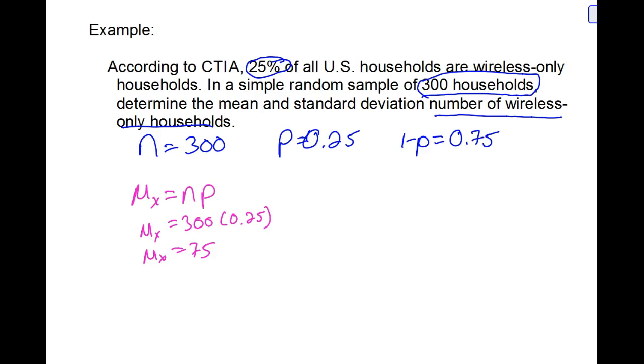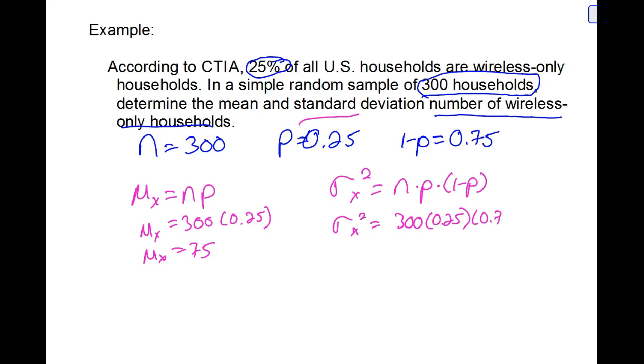Now, in order to find the standard deviation, I first must find the variance, which is going to be our number of trials times the probability of a success times the probability of a failure. So that's going to be 300 times 0.25 times 0.75.